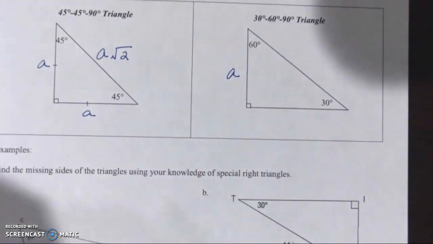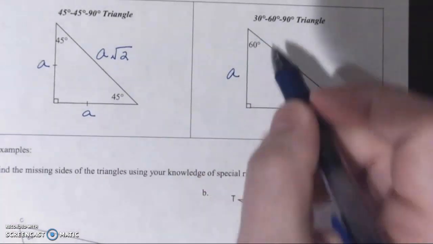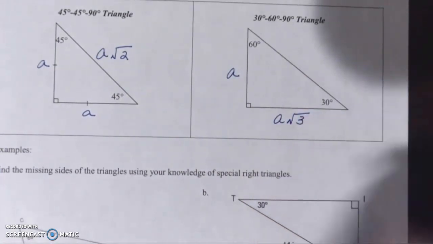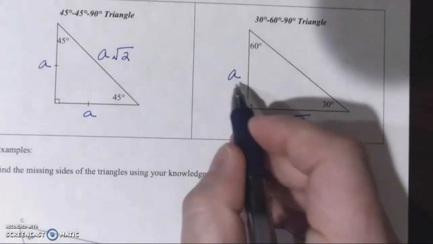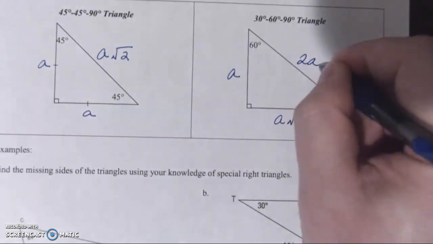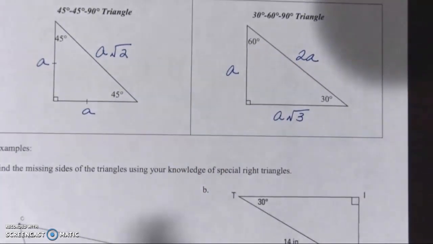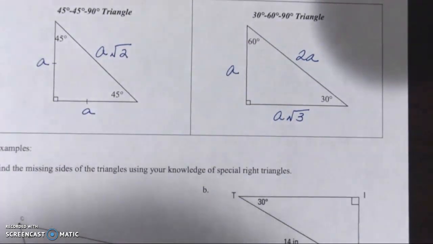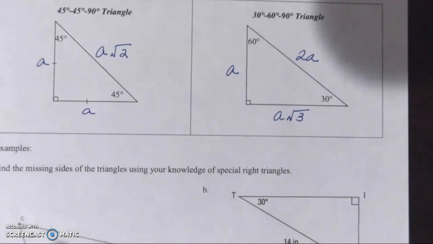If we knew that one, the side across from 60 was whatever that was times root 3, and the hypotenuse was whatever this was times 2. This is how we found missing side lengths using special right triangles. Now we're going to extend off of that.